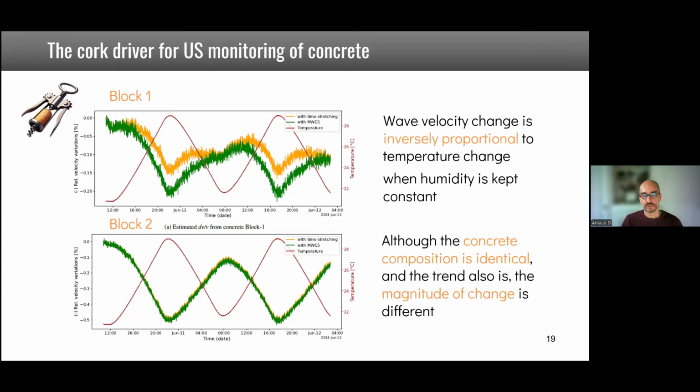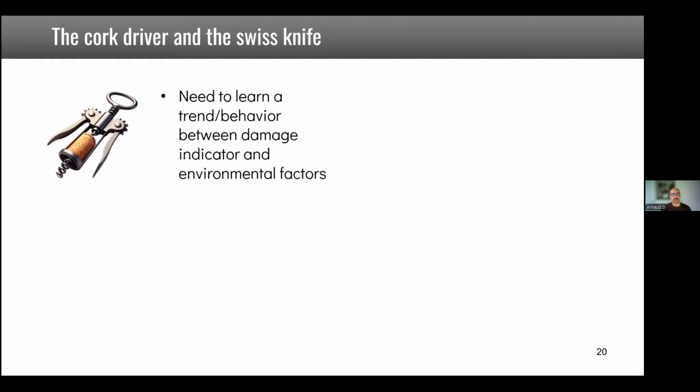But what we also see is that although the concrete composition is identical, and the trend is identical, the magnitude of change is quite different, because here you are up to minus 0.5, here only minus 0.2. So you see that even with the same concrete, you might not have the exact same law that links temperature and wave change.